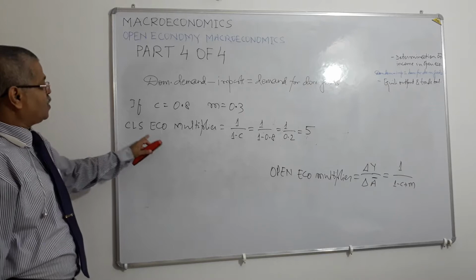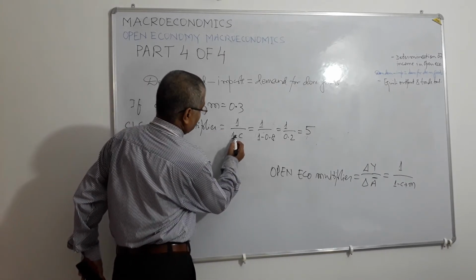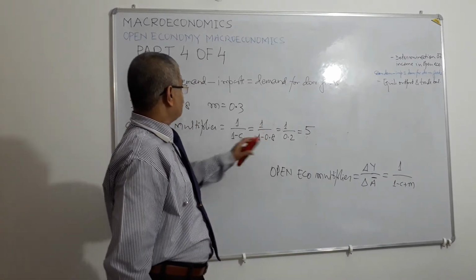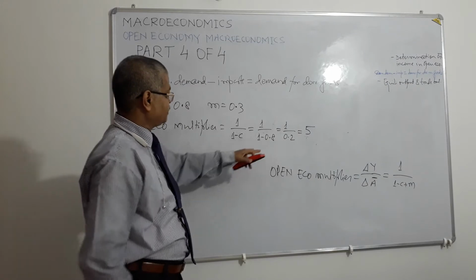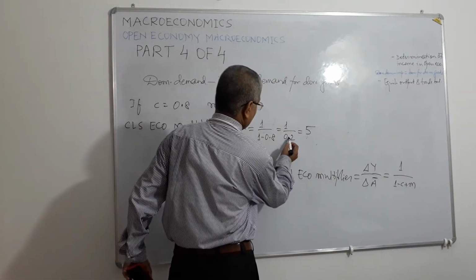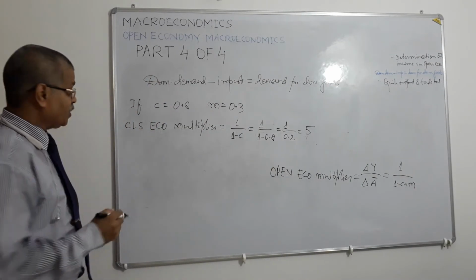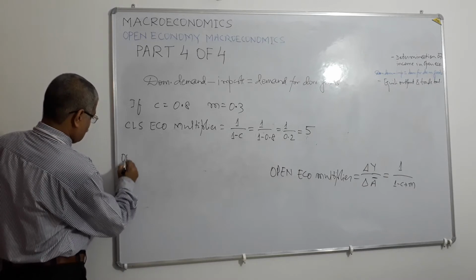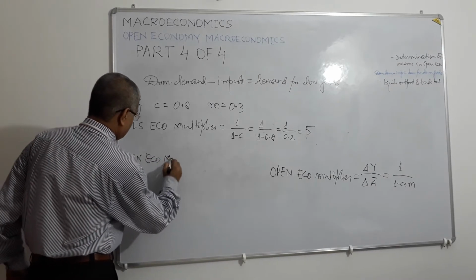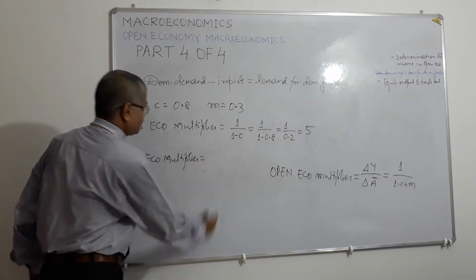So closed economy multiplier is equal to 1 upon 1 minus marginal propensity to consume, is equal to 1 upon 1 minus 0.8, is equal to 1 upon 0.2, is equal to 5. Now the same thing we will do for the open economy. Open economy multiplier, what is that?